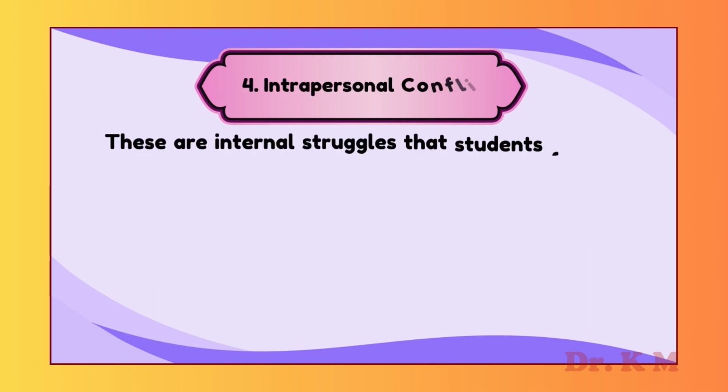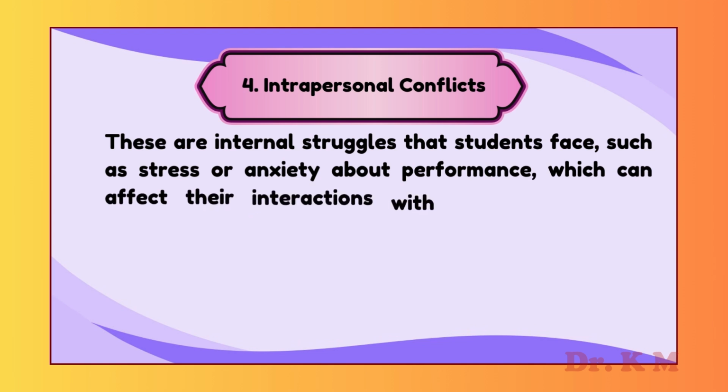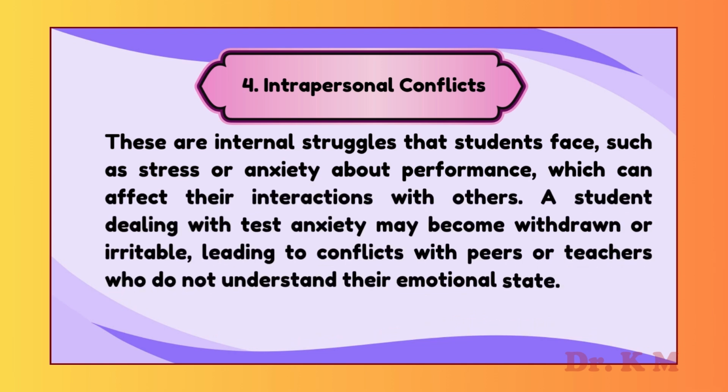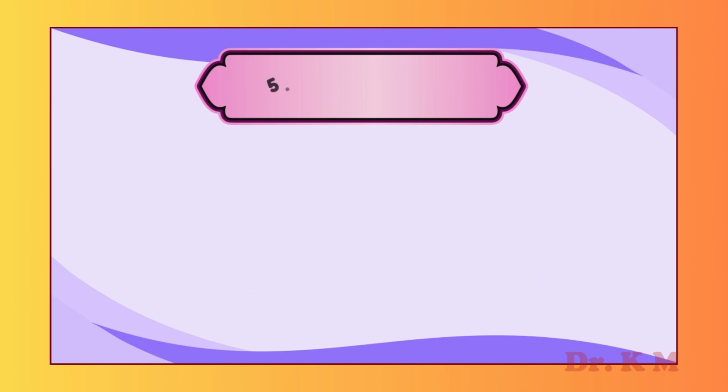4. Intrapersonal conflicts. These are internal struggles that students face, such as stress or anxiety about performance, which can affect their interactions with others. A student dealing with test anxiety may become withdrawn or irritable, leading to conflicts with peers or teachers who do not understand their emotional state. 5.